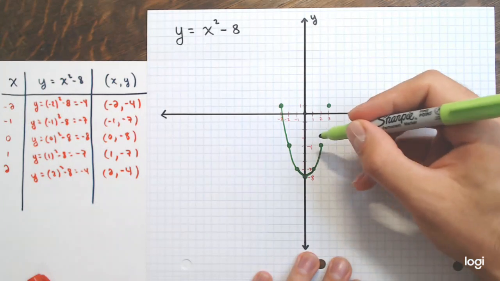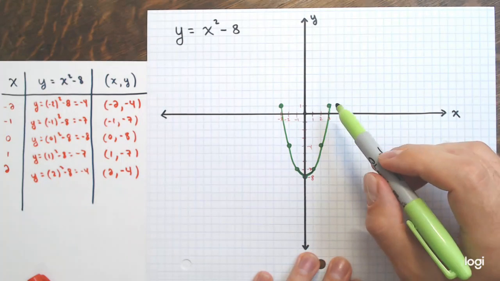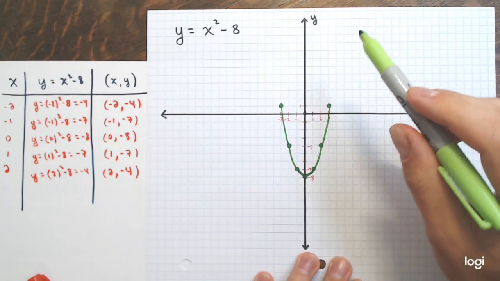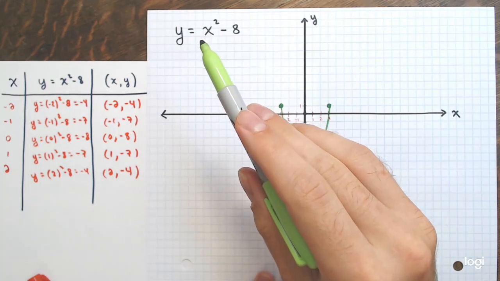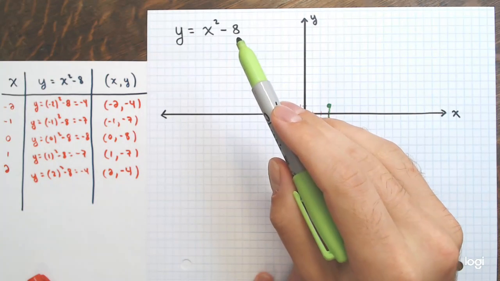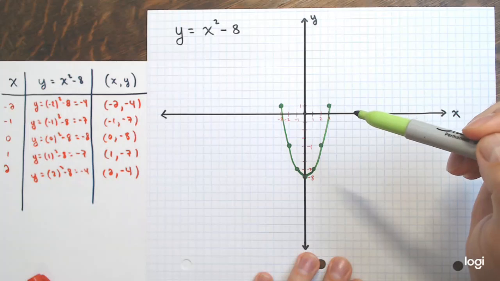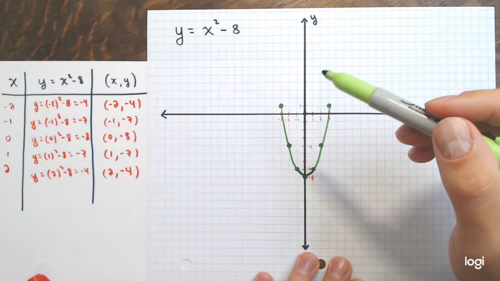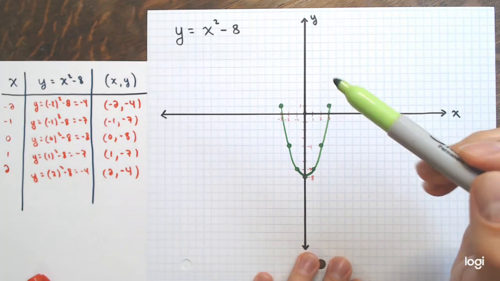And then we'll connect these points, and now it would seem to me that it would just keep going up in both directions, right? If I plugged in 4, you could plot another point if you wanted. 16 minus 8 is 8. You'd have 4, 8, and then negative 4, 8, and then plug in 5. 25 minus 8 is 17.